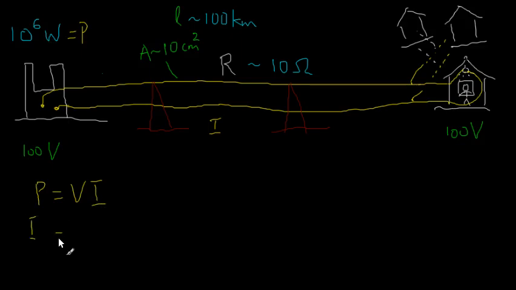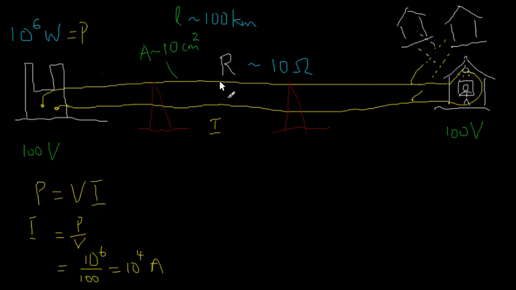Therefore, the current is equal to P over V, and that's equal to 10 to the power of 6 divided by 100, which is 10 to the power of 4 amperes. So we have a huge current going through here.